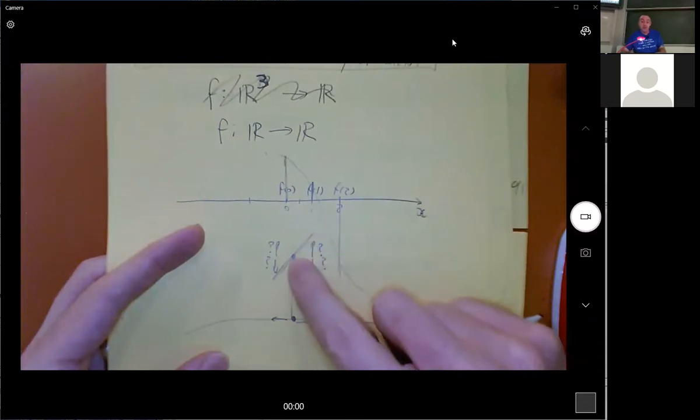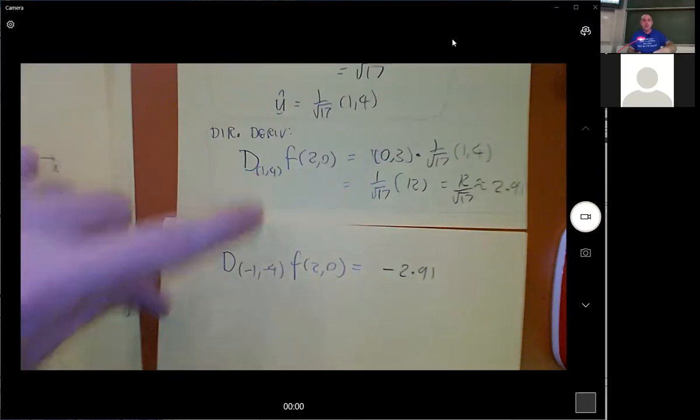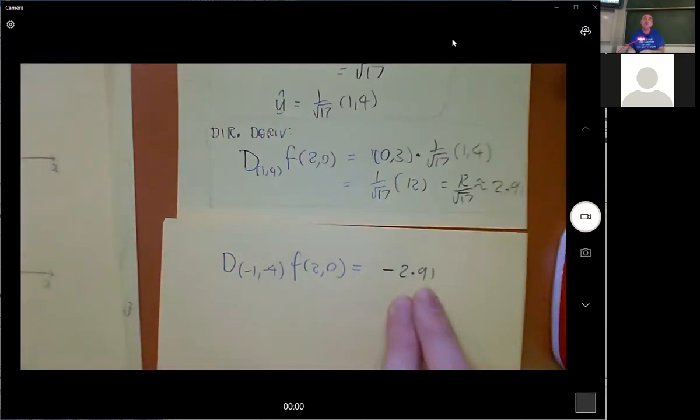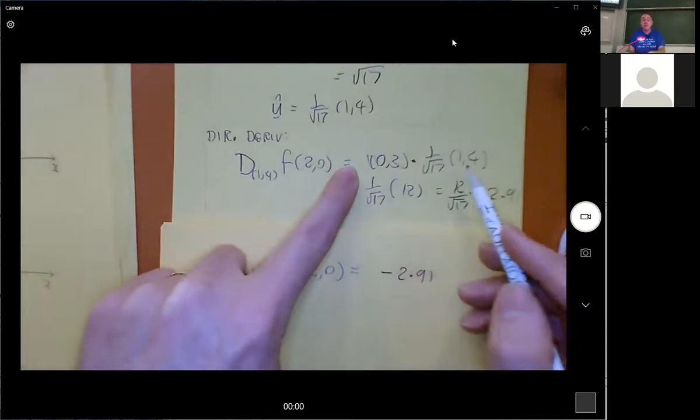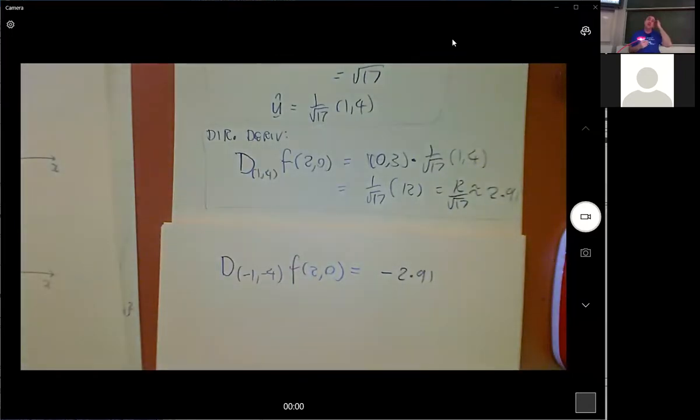If I go backwards, it'll be going down 3 times as fast. So if you go in the exact opposite direction, then the slope will be the exact opposite. The gradient will be the same at this spot, but the vector will be in the opposite direction. And so the dot product will be negative what it was before. That's just a useful thing to think about.